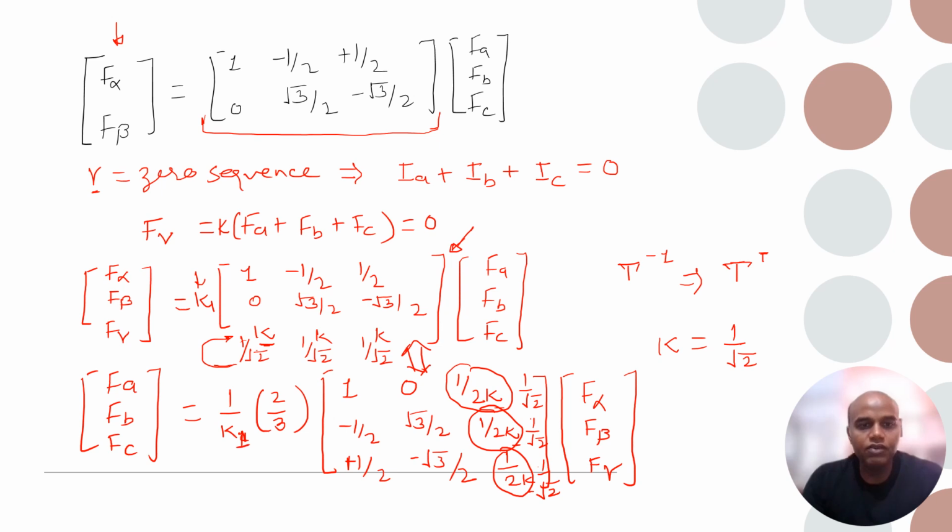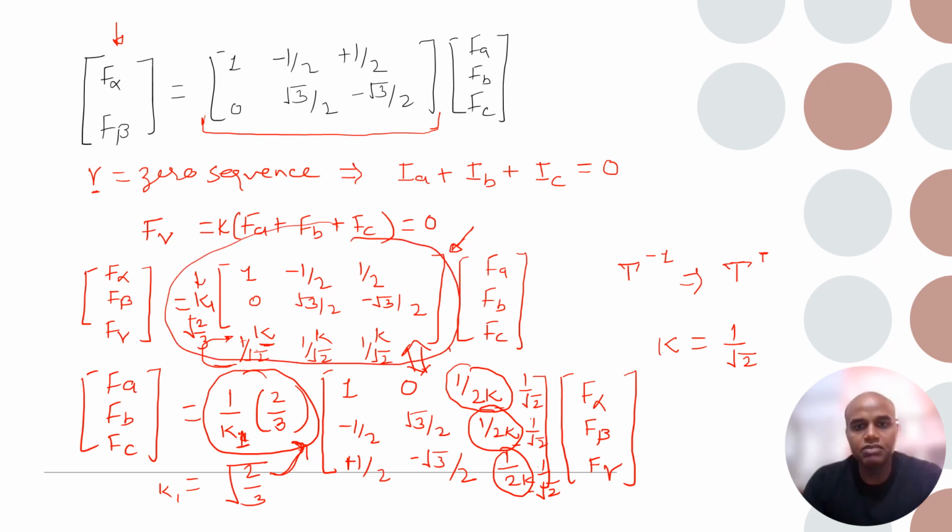And here the K1 value is equal to root 2 by 3. Putting the value of root 2 by 3 as the constant here, the whole matrix, when inverted, becomes nothing but the transpose.